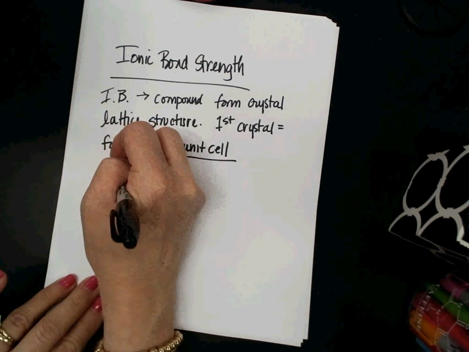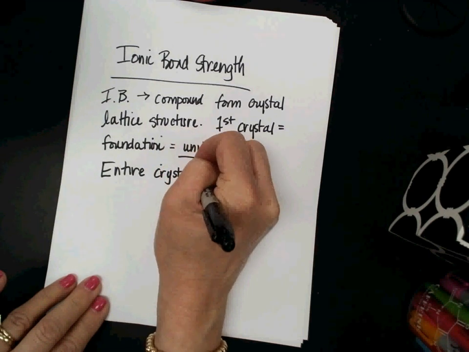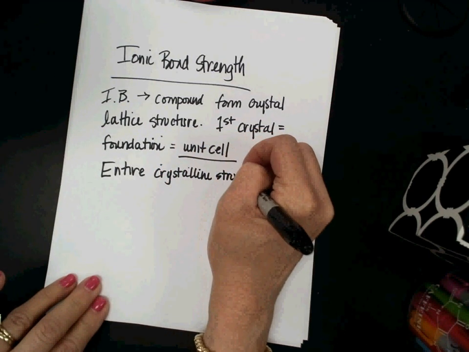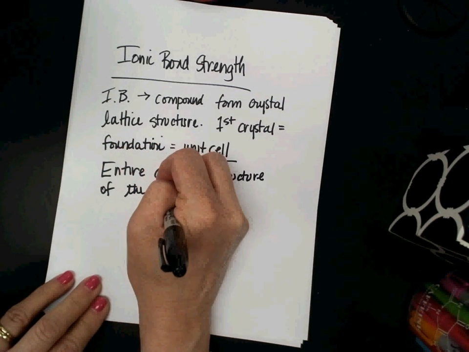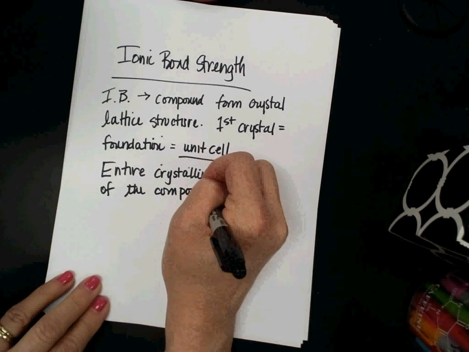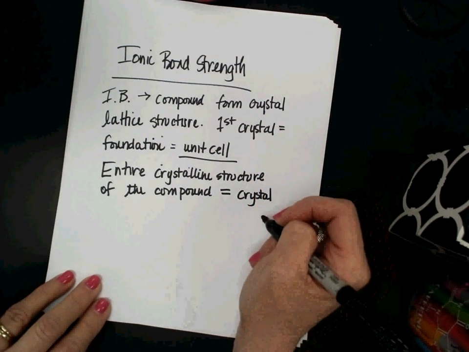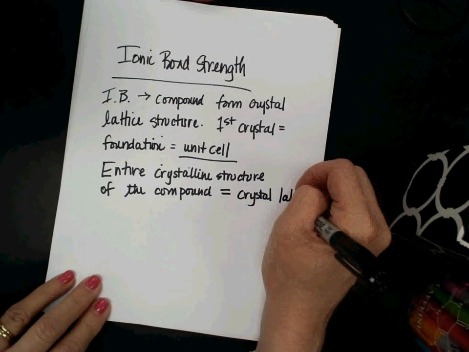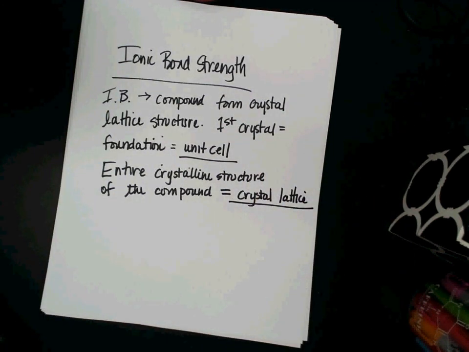The whole thing, the entire crystalline structure of the compound, do you remember what that's called? A crystal what? Anybody? Crystal lattice. So the foundation, the beginning, is the unit cell. It builds crystal upon crystal until I get the final structure, which I call the crystal lattice.